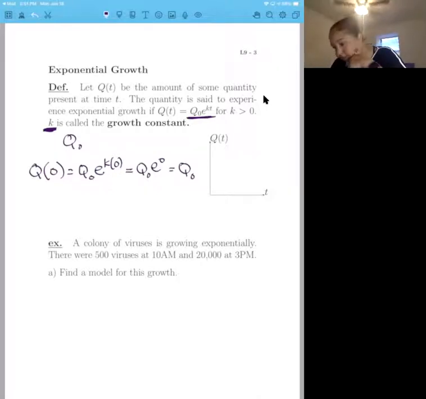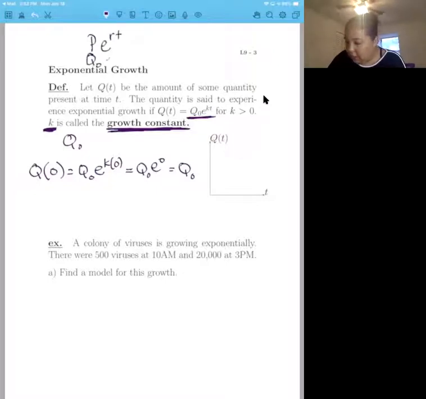K is called my growth constant. So I have an exponential growth function that looks like Q naught E to the KT. If you look at it, it looks like P E to the RT, right?